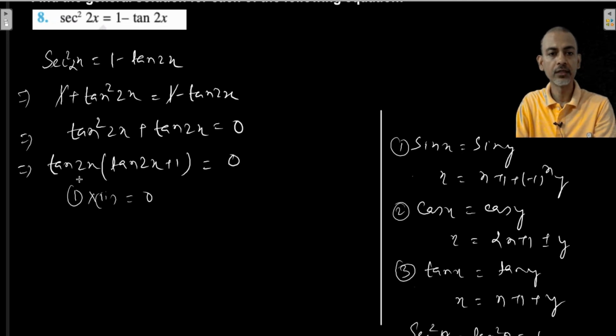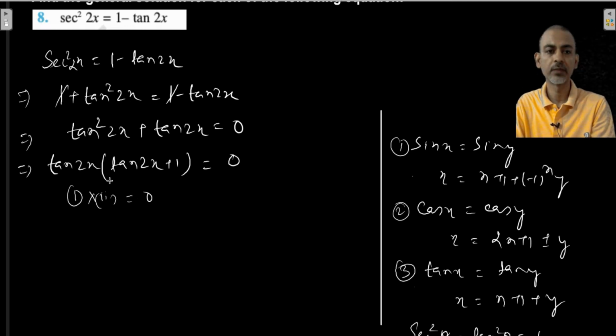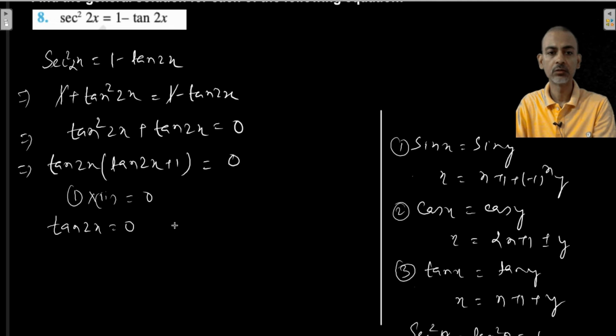And we know that when such a case arises, when the product of two numbers or functions is 0, individually one of them could be 0 or both of them simultaneously can be 0. So when such a case arises, what do we write? We write either tan 2x equals 0 or tan 2x plus 1 equals 0.